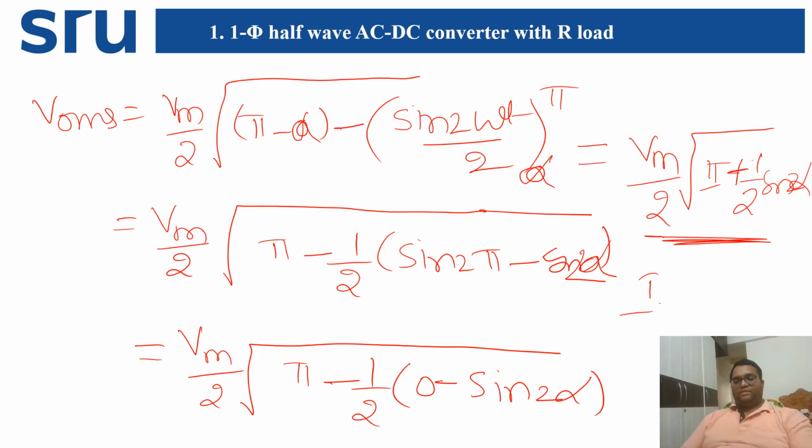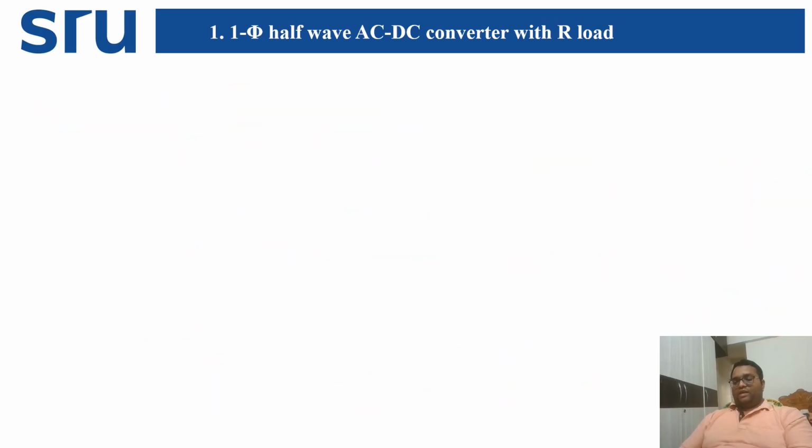Coming to the I naught RMS, for a resistive load it is nothing but V naught RMS divided by R. That is called I naught RMS. Now if you observe the active power of the source, how can we write it?